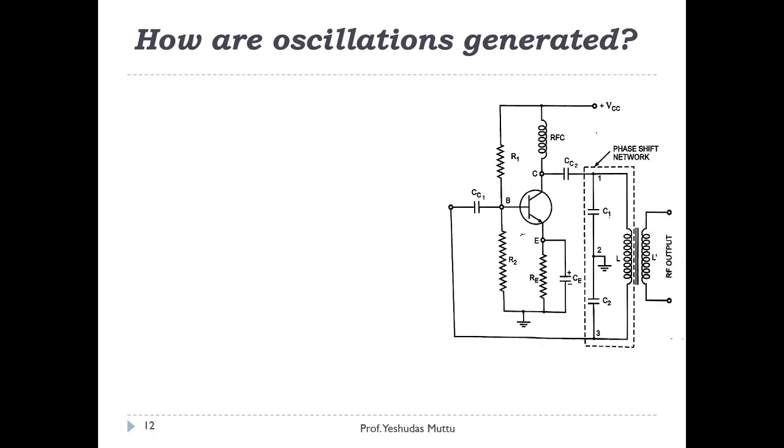Now with this construction is over, coming to working, that is how the oscillations are generated basically. To begin with, let us apply this VCC. The moment you apply this VCC, the capacitors C1 and C2 are going to get charged. If capacitors C1 and C2 get charged, electrostatic energy is going to get stored.